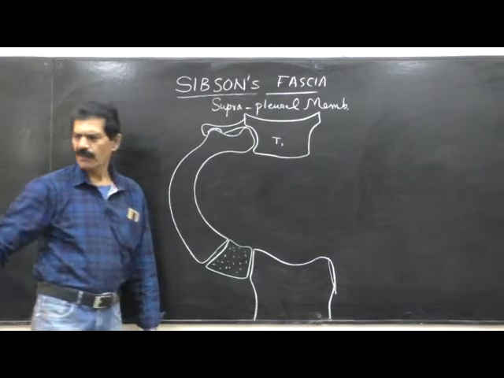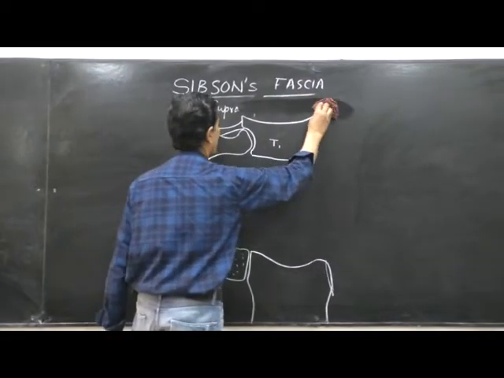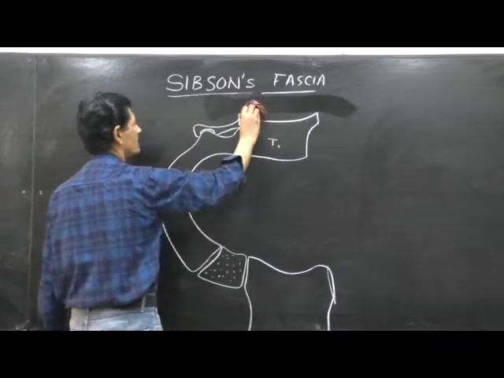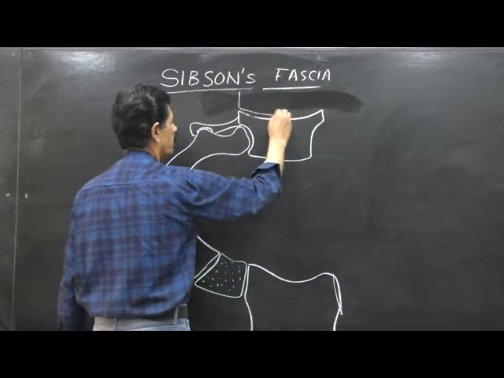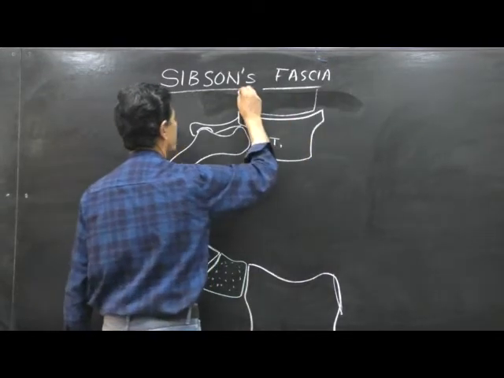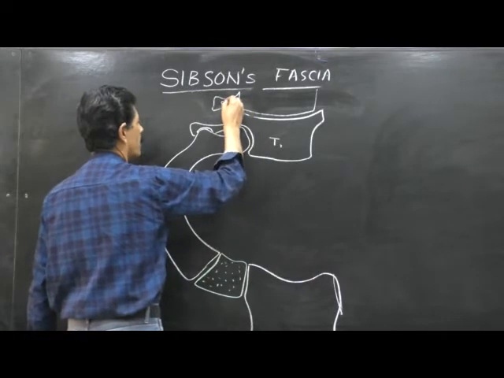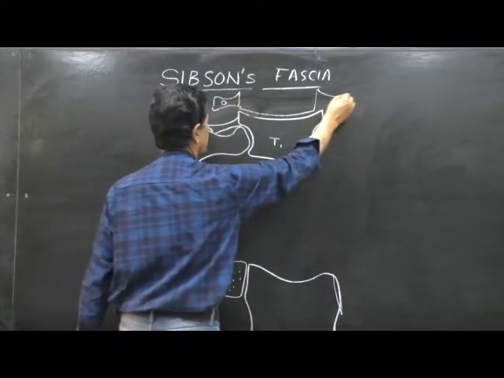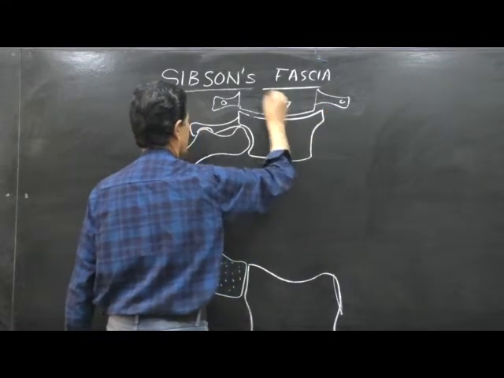Just above the T1 vertebra lies the last cervical vertebra, that is C7, with body anteriorly and the transverse process lying laterally, the C7 vertebra.